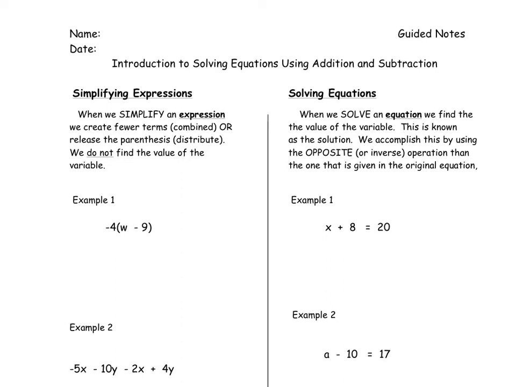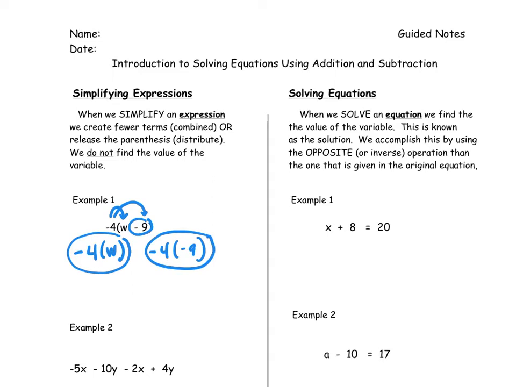So we're going to start by multiplying -4 times w. That -4 again multiplies everything inside the parentheses. So this is going to become one term in a minute. Then I go back to the -4 times -9. This will become a second term.